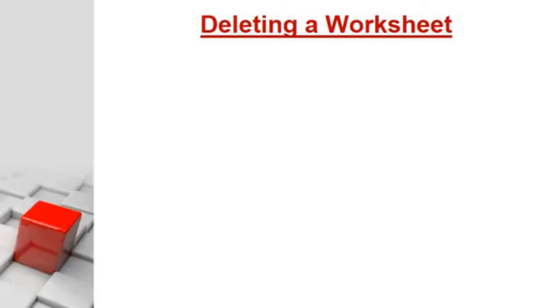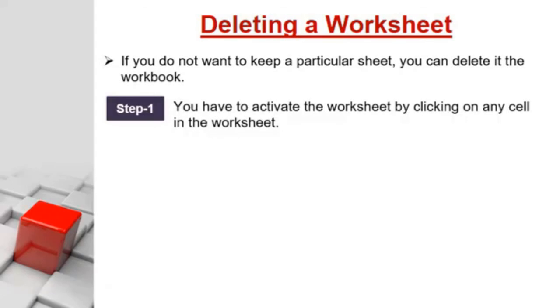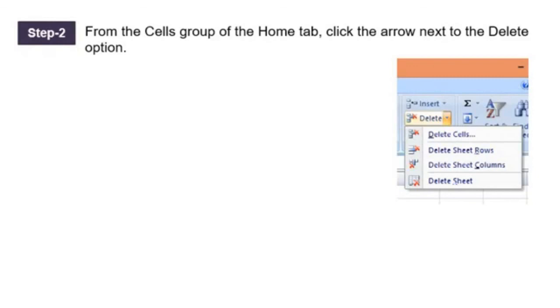How to delete a worksheet? If you do not want to keep a particular sheet, you can delete it from the workbook. Step 1. You have to activate the worksheet by clicking on any cell in the worksheet. Step 2.